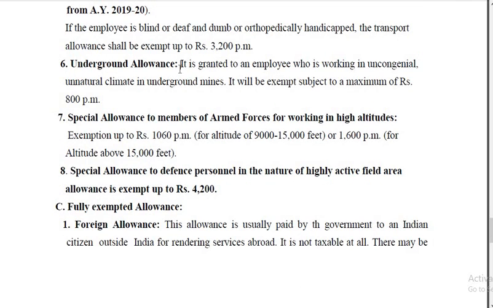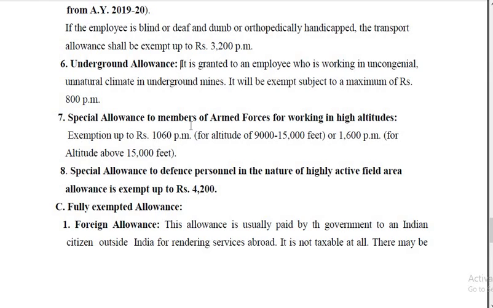Underground allowance: those employees who are working in uncongenial or unnatural climate in underground mines. The working environment is not at all conducive, not congenial, not healthy. It is unnatural also, not normal. When he works in such situations, whatever allowance is given to him is exempt up to a maximum of rupees 800 per month.